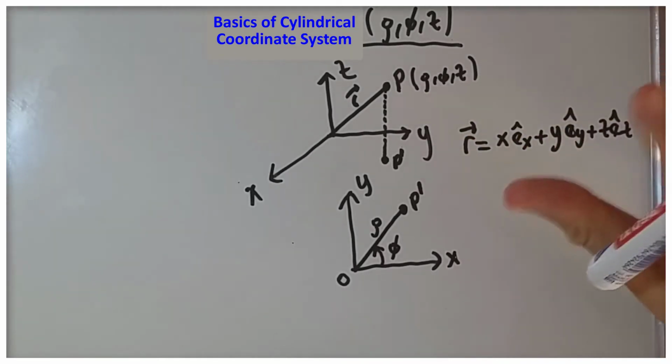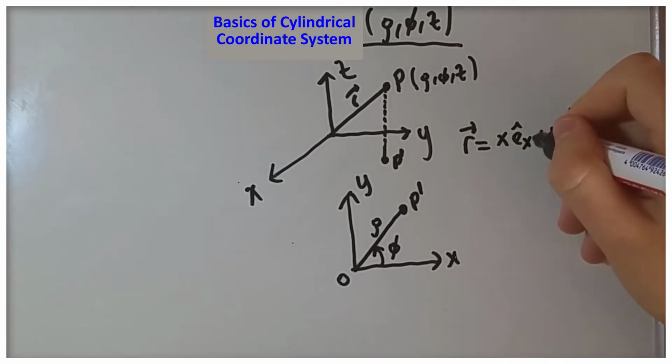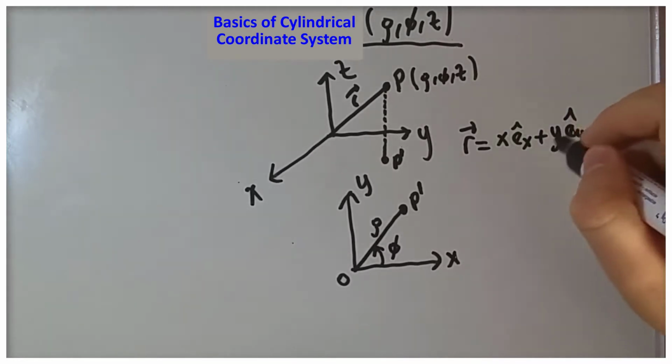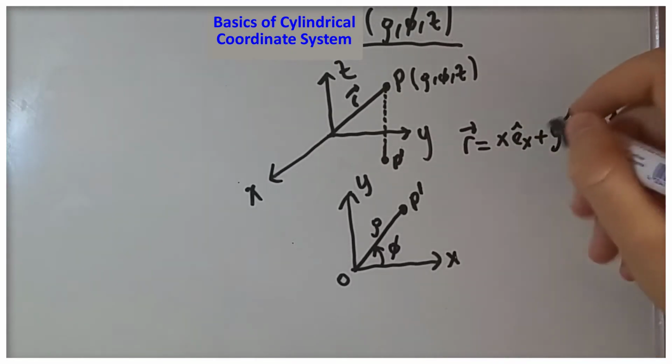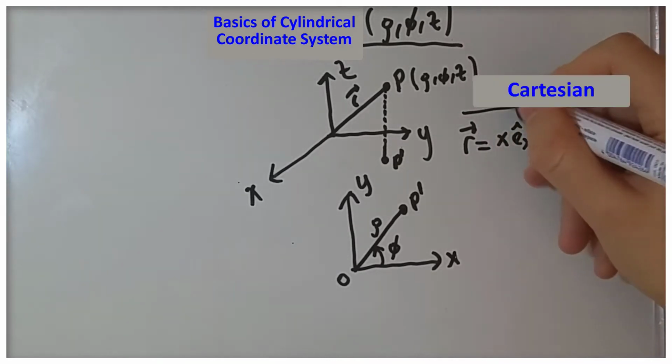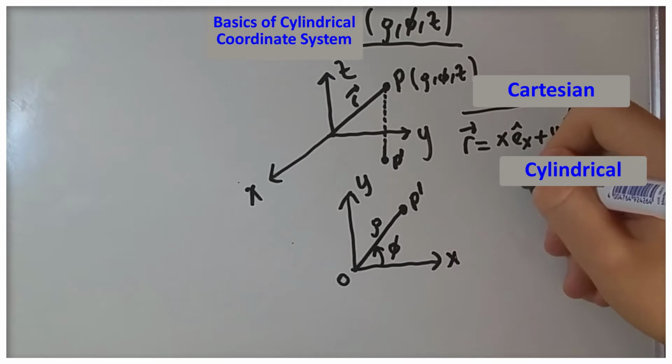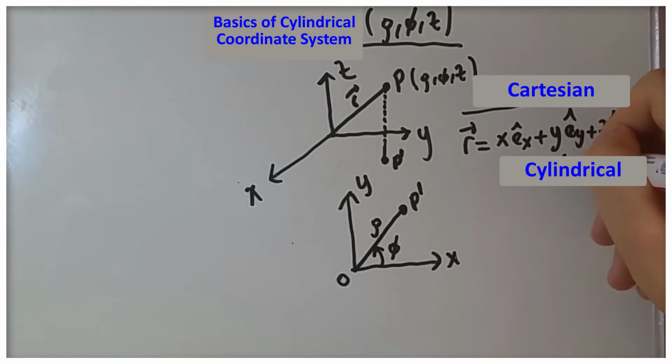I called them x0, y0 and z0 in the previous video. It doesn't matter. Here I think of this as magnitude and this as the direction where the relevant magnitude is. Now this is what looks like a Cartesian here.